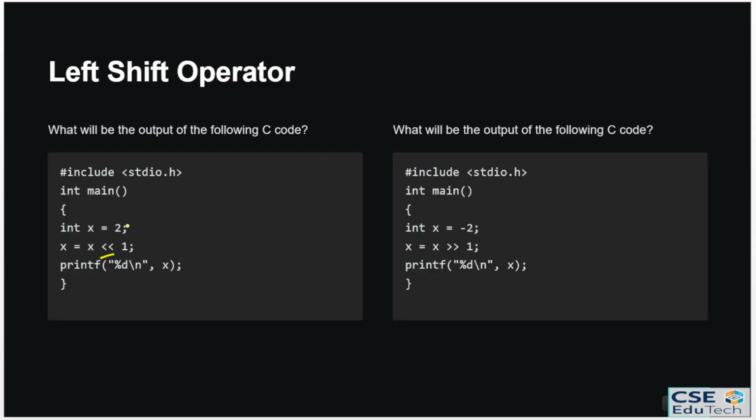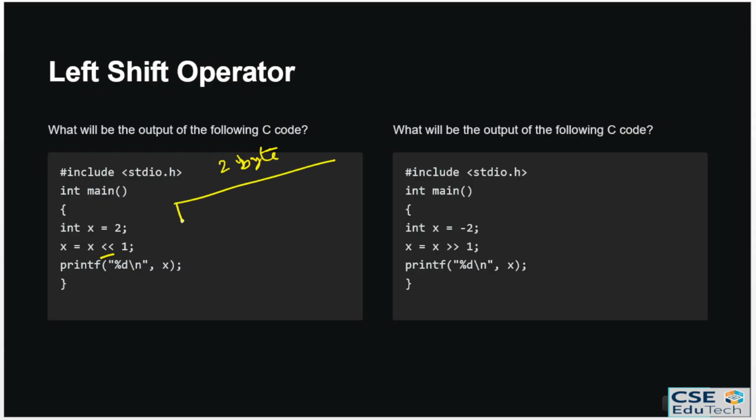We can assume that the integer is 2 bytes, and 2 is basically a signed number. It is positive, but by default int x is a signed number. Signed means it has both representations, positive as well as negative, but here 2 is given, so it is a positive 2.